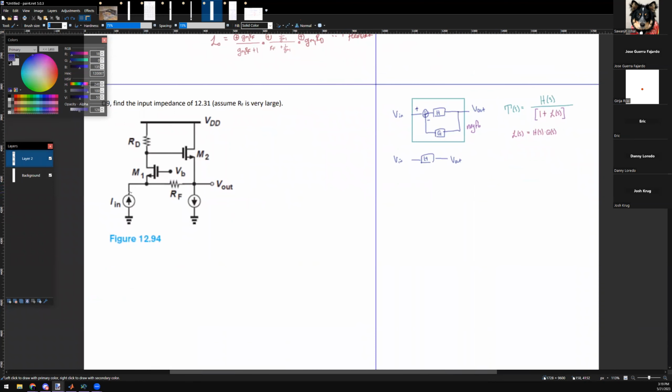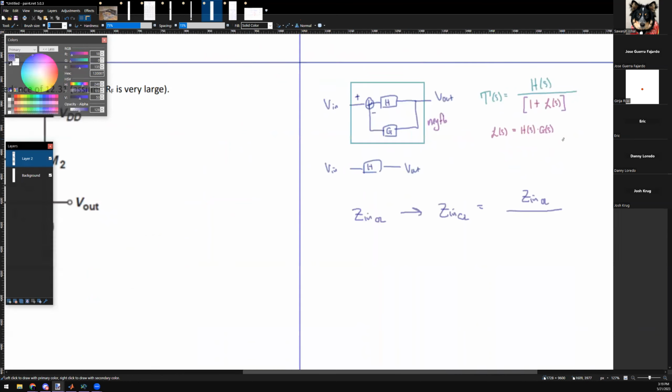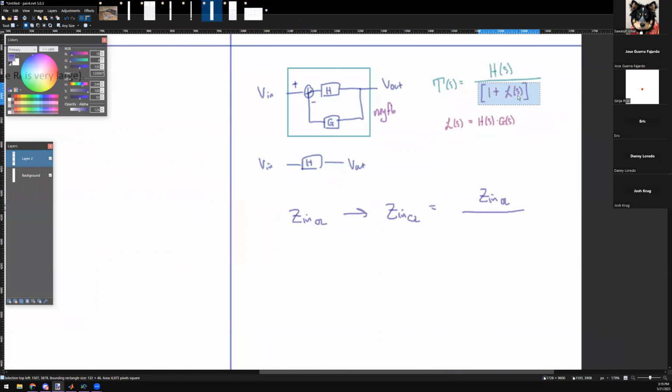So typically without negative feedback, my input impedance needed to be low. Now my new input impedance, closed loop, is going to be my open loop input impedance, and to be better it's going to be smaller. I promise you the answer when you solve this is going to be that term: one over 1 plus L of s.